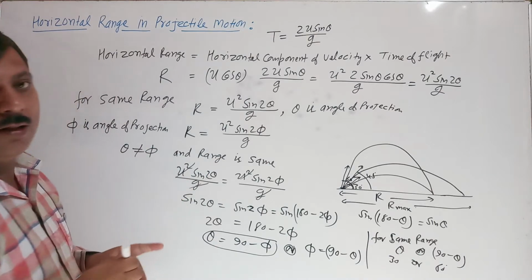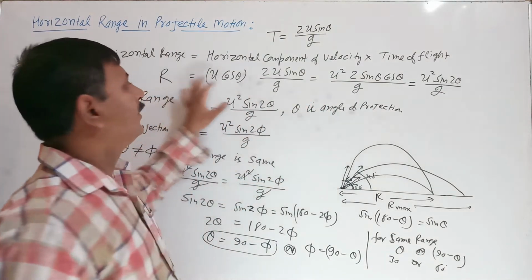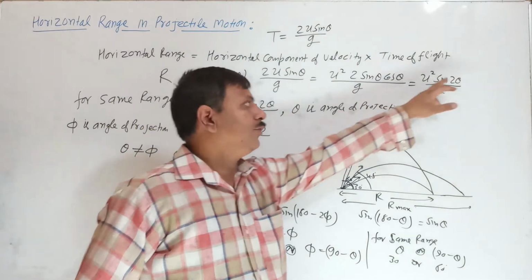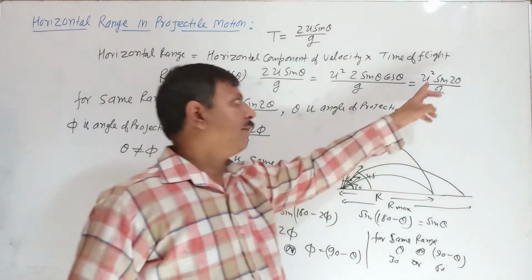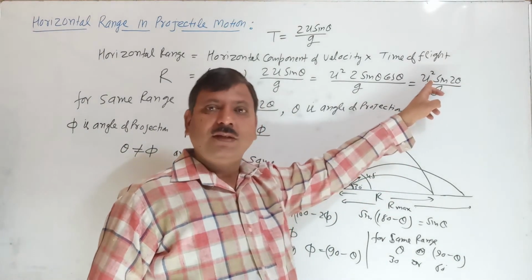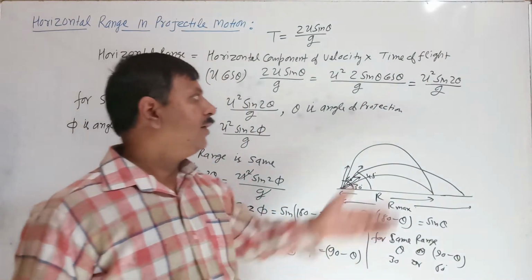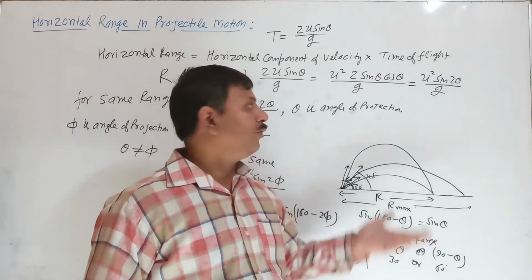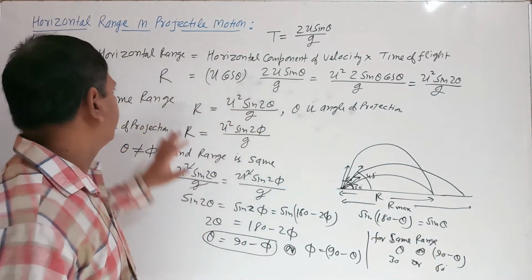You can see here for the horizontal range, what I have told you, formula for range is u square sin 2 theta upon g. Range is directly proportional to square of initial speed, magnitude of initial velocity, and it depends upon angle of projection.